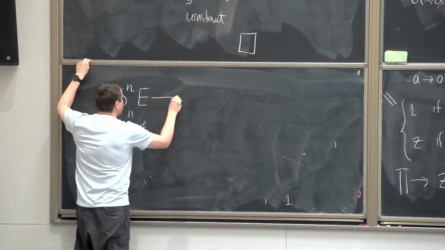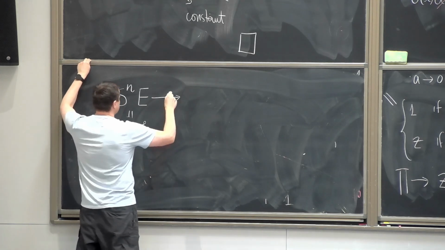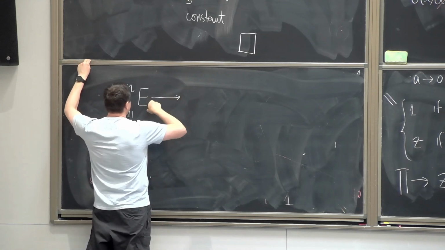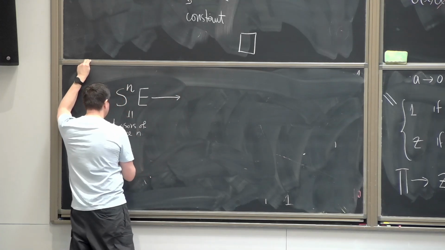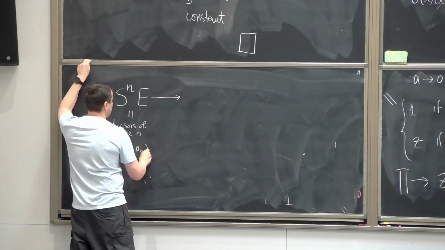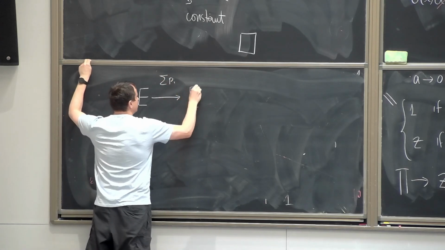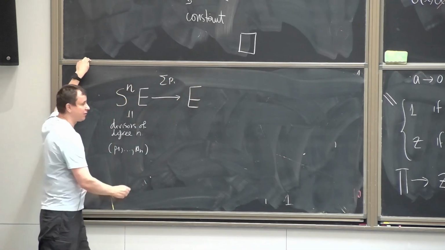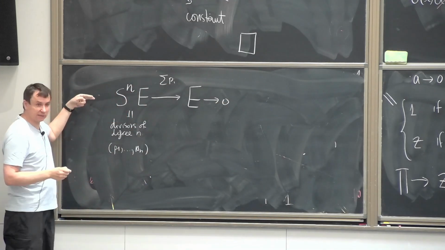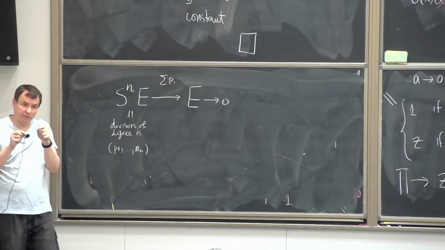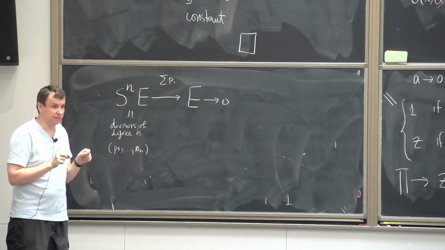And then I consider a map, which is the addition map. So P1 through Pn goes to the sum of the Pi's in the curve. And I look at the fiber of this map here. What is that fiber? What are the n-tuples of points on the curve that sum to 0?